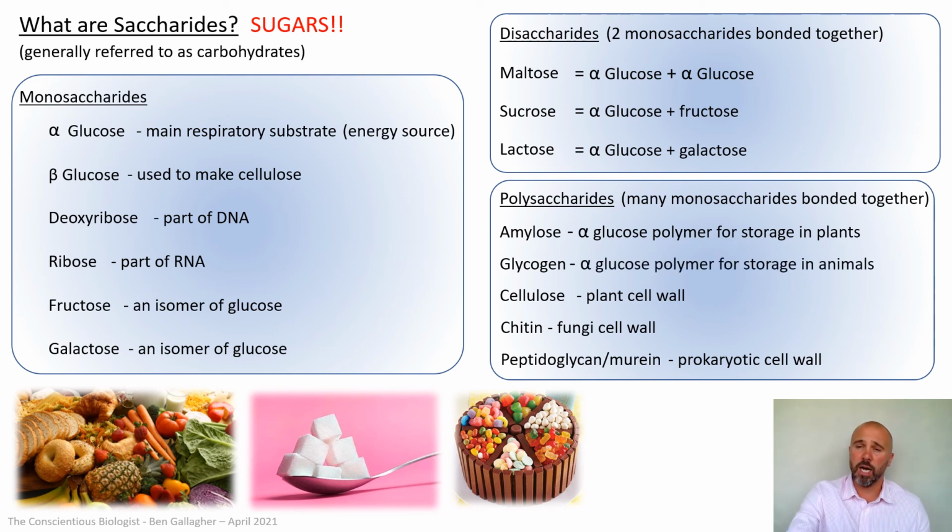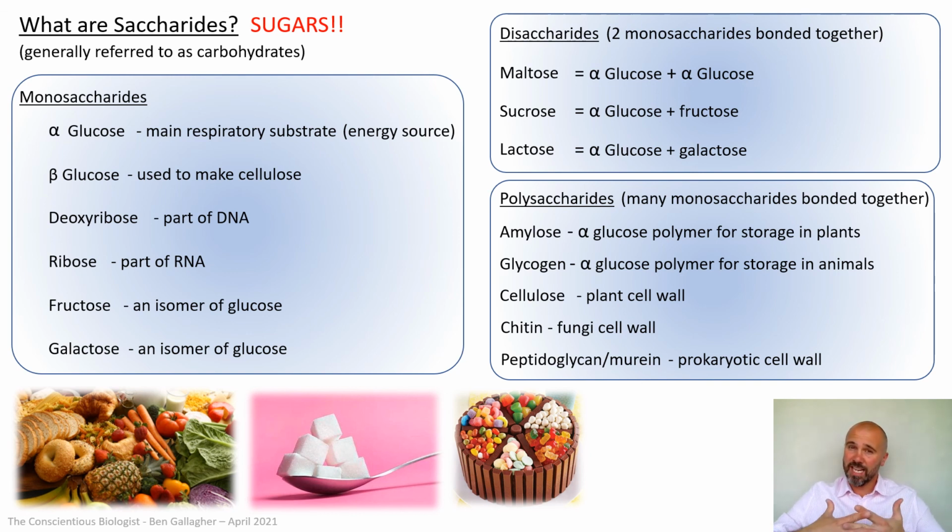Glycogen is a more highly branched polysaccharide. It's still alpha glucose, but it's how we store our glucose in animal cells. Cellulose we know is made from beta glucose. It's used for plant cell walls because you can form these big meshes. Chitin is used in fungal cell walls, and peptidoglycan or murein should ring a bell from when we did our prokaryotic biochemistry because it's the key intrinsic part of bacterial cell walls.